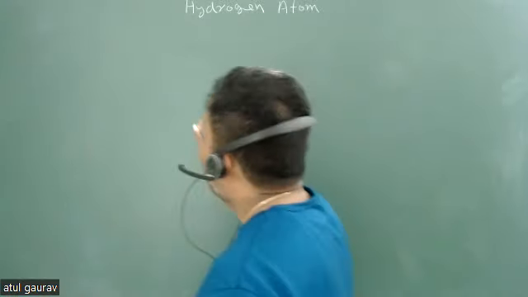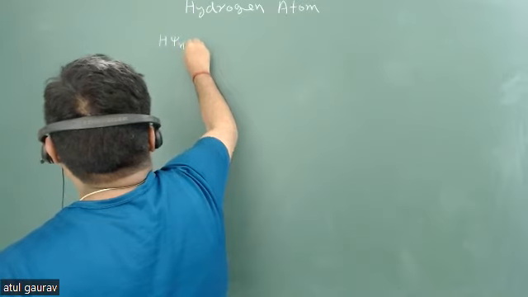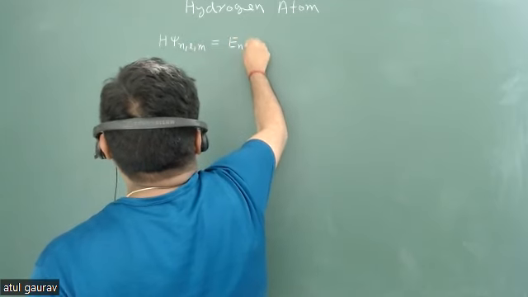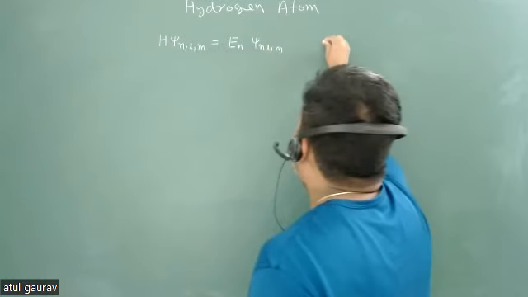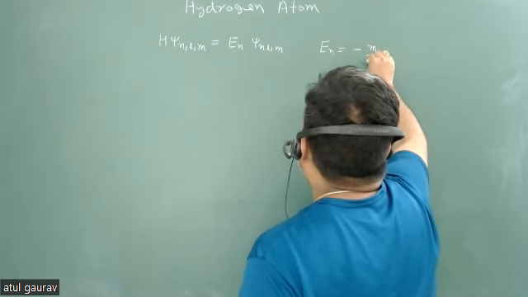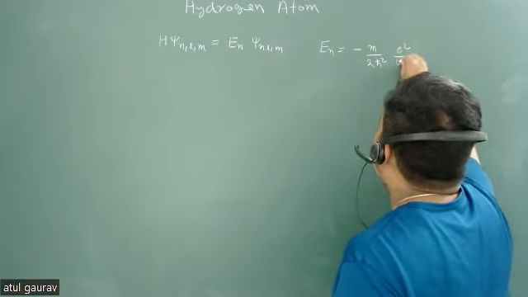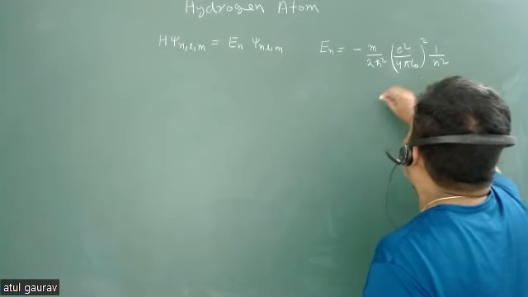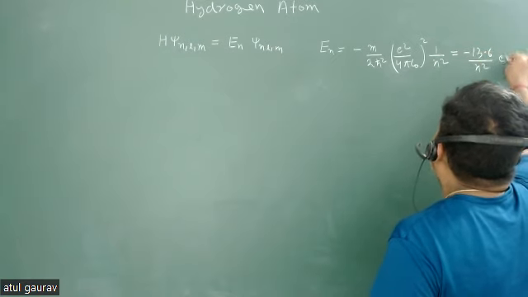So what we have is H psi n l m equal to E n psi n l m, where E n is nothing but minus m upon 2 h cut square into e square by 4 pi epsilon naught whole square into 1 upon n square, which is actually equivalent to minus 13.6 by n square electron volt.